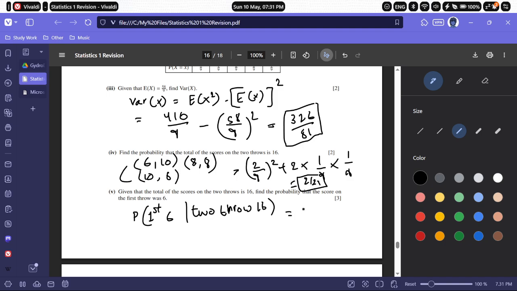So I'll set it as probability of 6 comma 10 over probability of getting 16, which we calculated already.